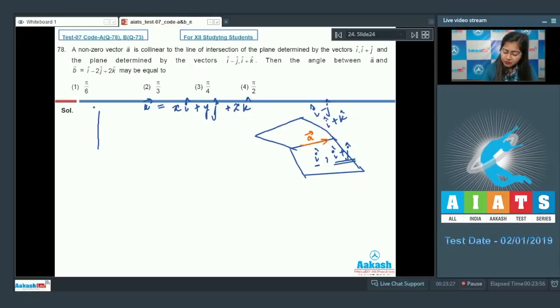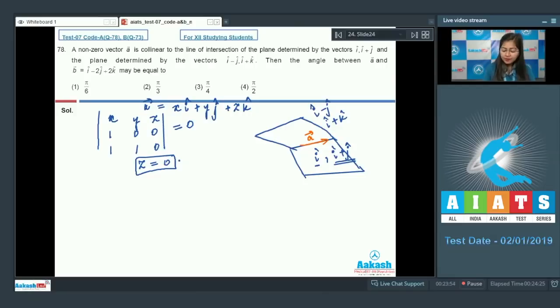So the determinant of A vector, that is x, y, z, i cap, that is 1, 0, 0, and i cap plus j cap, that is 1, 1, 0, will be equal to 0. So from here we get x into 0 plus y into 0 plus z into 1 is equal to 0. Hence z is equal to 0.